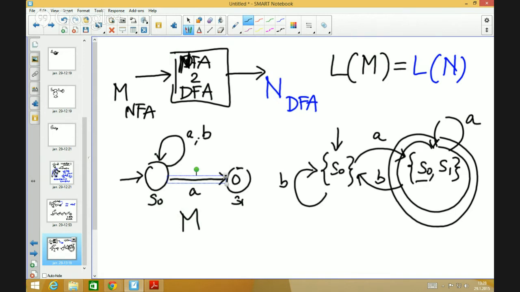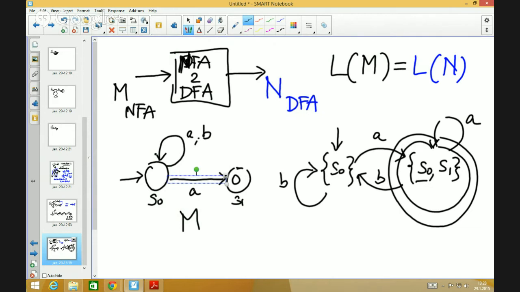So any set of states that contains some accept state is a possibly good accept state, because it's sufficient that one of them is good. The automaton could reach it.